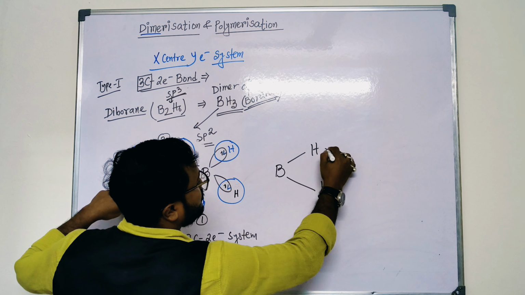Same thing happens here. In this case, we can say that it is to decrease repulsion, repulsion between two bonds. Which two bonds? Between the B and H bonds.